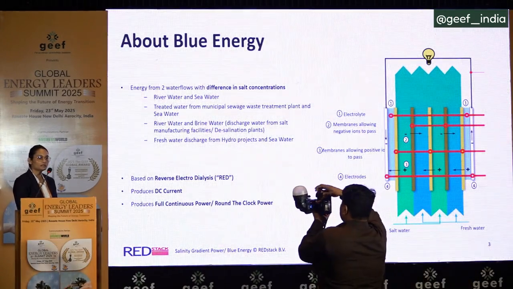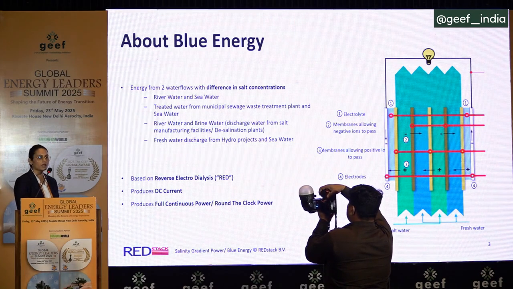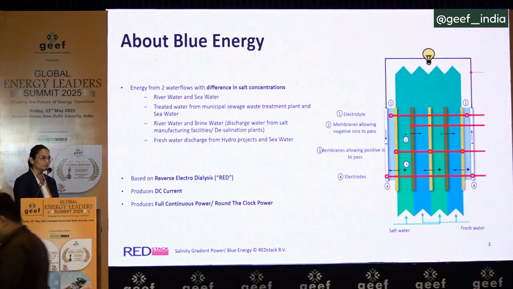As a result, the ions get segregated: all the negative ions move in one direction, all the positive ions move in the other direction, and in the end, we have electrodes. So we capture this potential and can generate round-the-clock renewable energy.